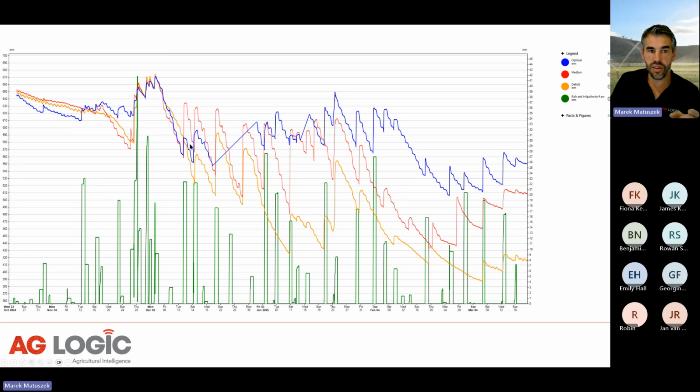So when we start irrigating here, the next one here, now this loss of data in this optimal one was because the plants grew so well that they covered the solar panel and the battery went flat. So while it's a lack of data, it is actually an anomalous data point, but it's a data point nonetheless. But the other one we can see here is this difference. So I'm tracking fairly similar to this point here.